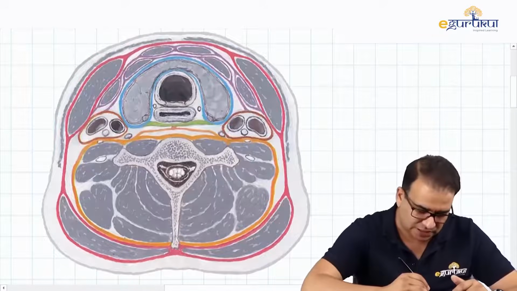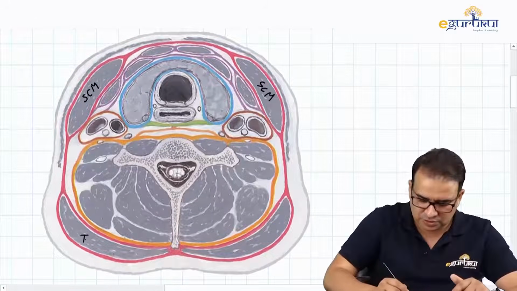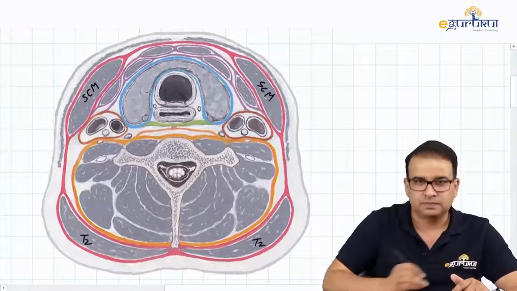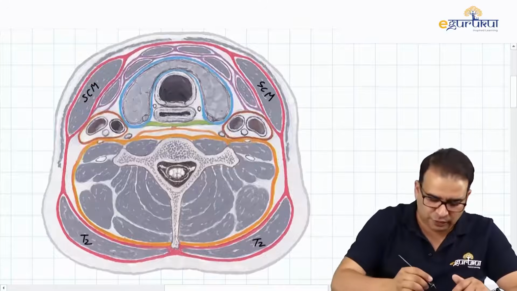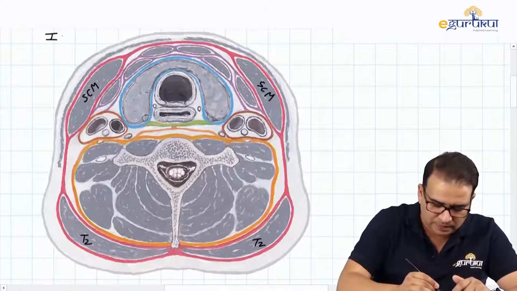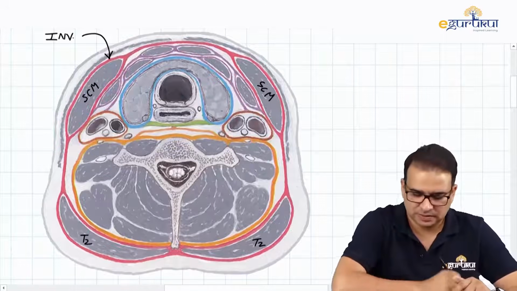This here obviously is the sternocleidomastoid. You can see bilaterally this is the sternocleidomastoid, and here we have the trapezius muscle. Can you see the red colored fascia covering them? Of course, that is the investing layer of deep cervical fascia covering the sternocleidomastoid and trapezius.